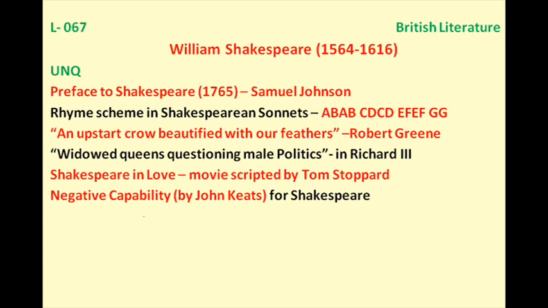A number of times it is asked which is the rhyme scheme followed by William Shakespeare in his sonnets. So what is that rhyme scheme? The answer is, as I mentioned, in his sonnets we have 14 lines.